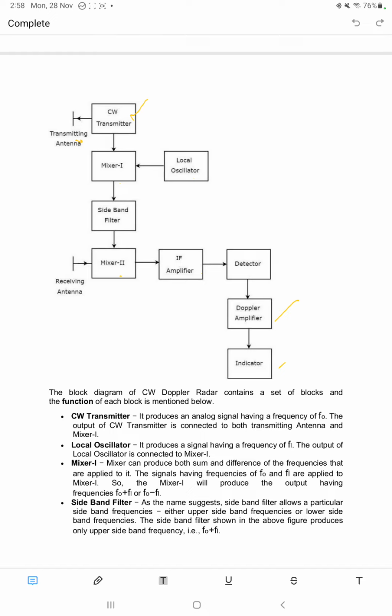First of all, the continuous wave transmitter, as the name itself suggests, produces an analog signal having frequency f0 continuously.